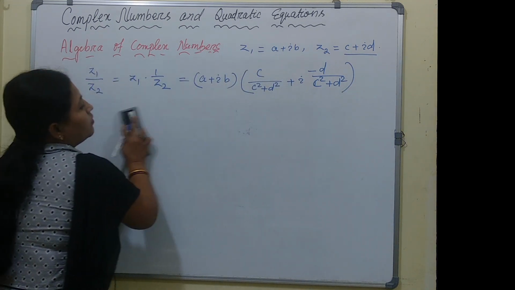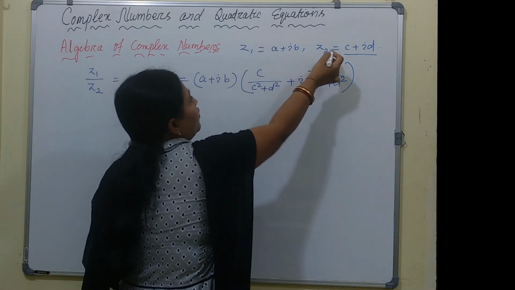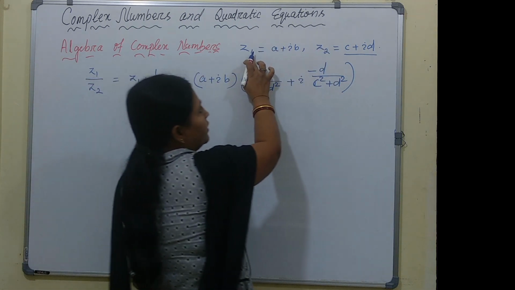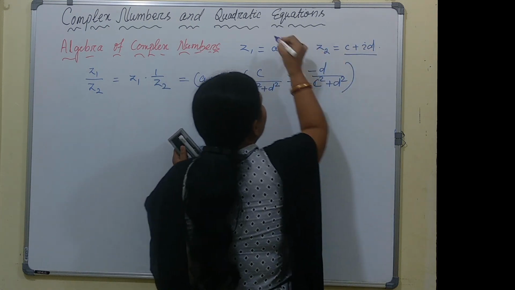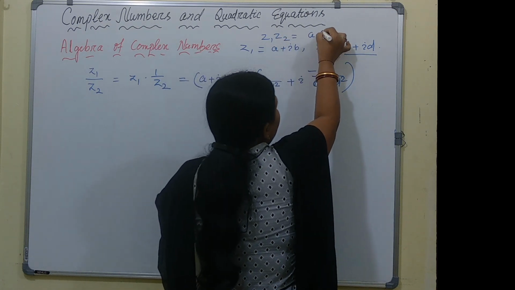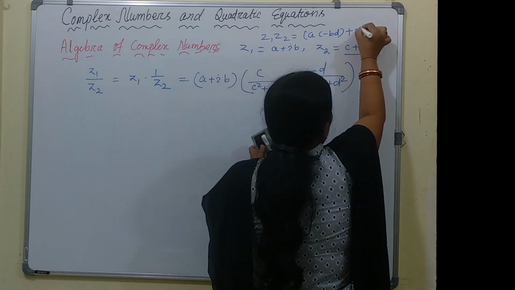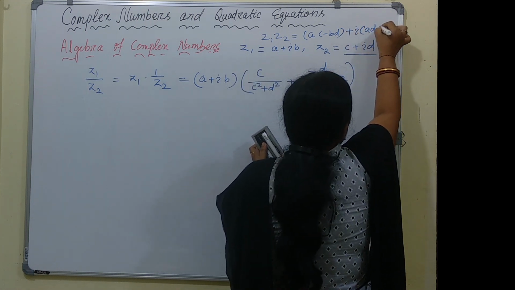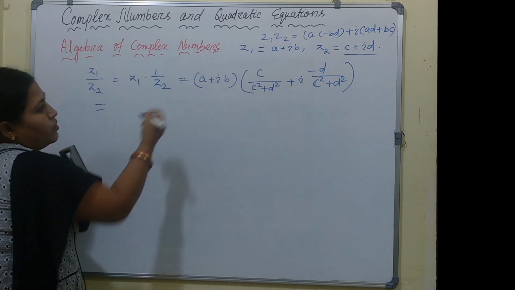We have already discussed z1 into z2. If z1 is a plus ib and z2 is c plus id, then z1 into z2 is equal to ac minus bd plus i whole into ad plus bc. So now we'll put this formula here.